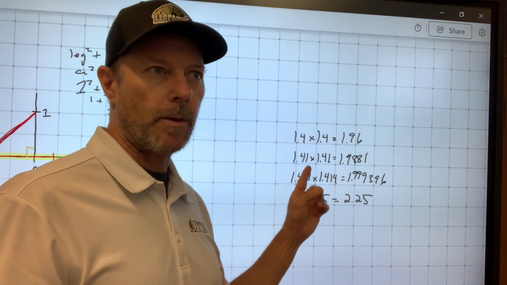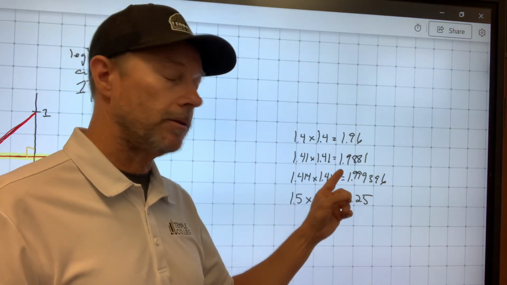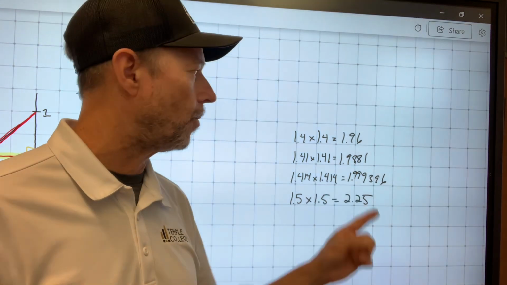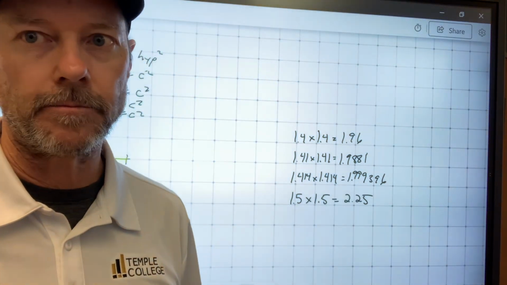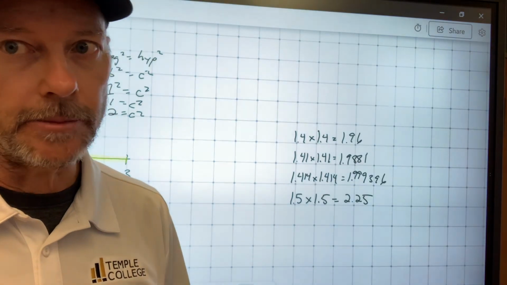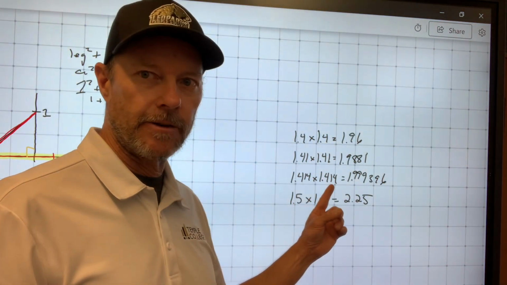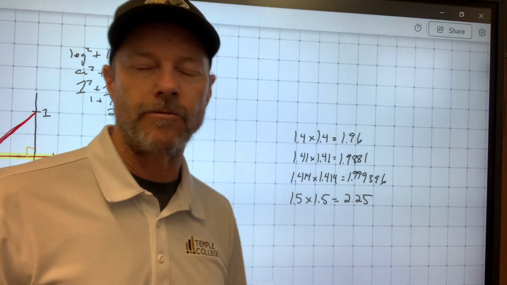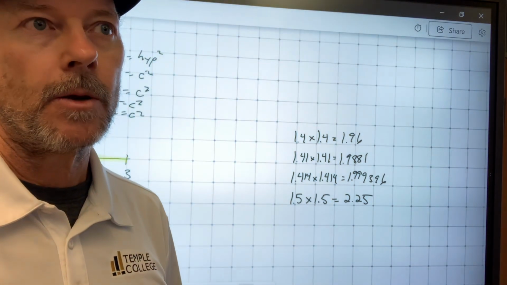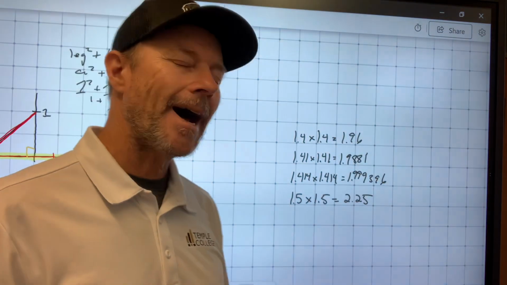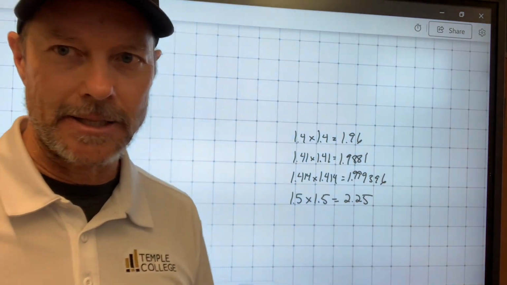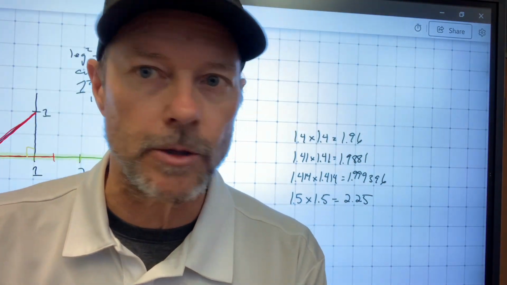If I multiply 1.41 by itself, I get 1.9881. Not quite 2. How about 1.414 times itself? That gives you 1.999396. Almost 2, but not quite.